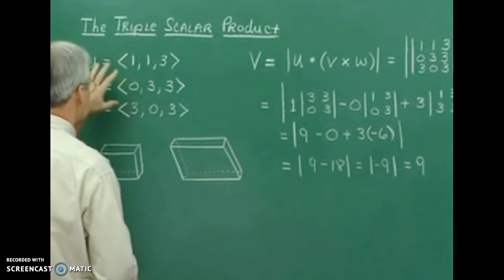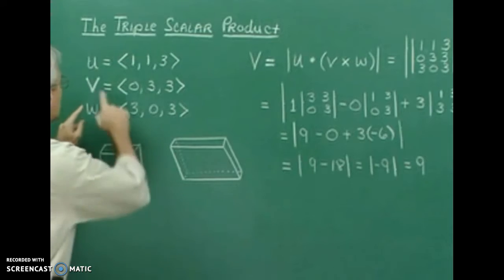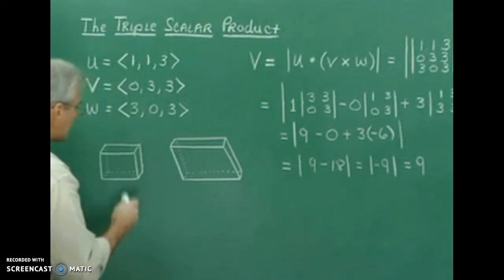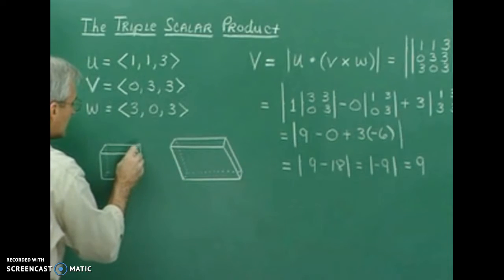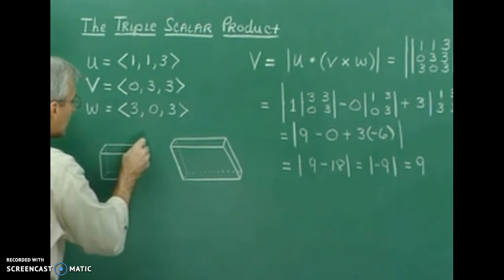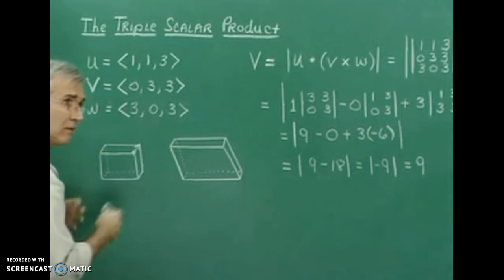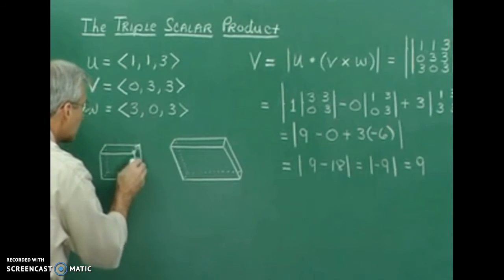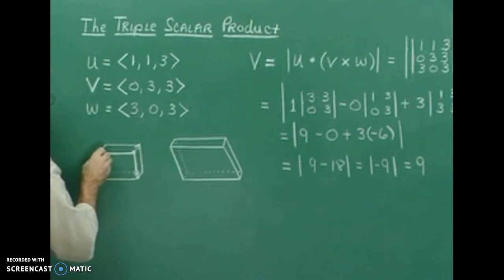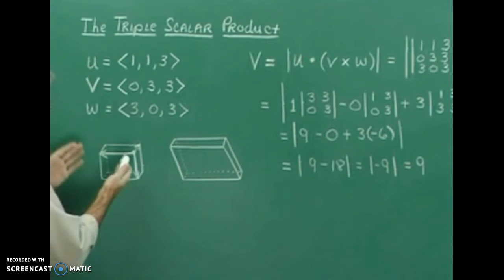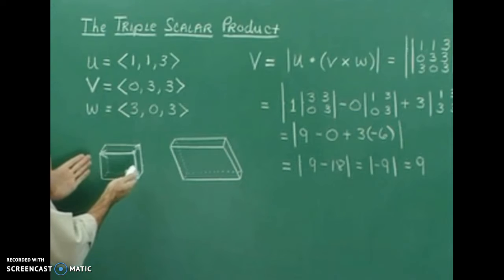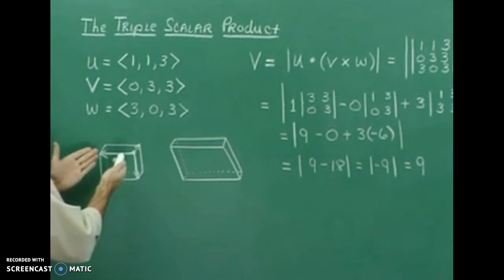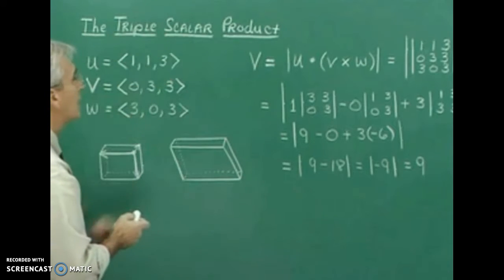But the idea is that if we have information in terms of vectors from any vertex, and let's just take a vertex like this, if we have information about that angle and distance, and this angle and distance for another vector, and this angle and distance for another vector, then we can make the calculation for the volume of this figure just from that information.